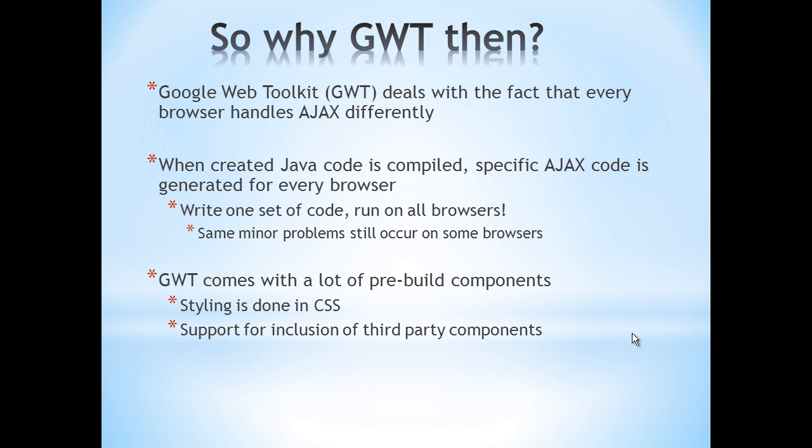So as I mentioned just now, Google Web Toolkit comes with a lot of pre-built components. The styling is done in CSS, meaning if I want to change the look and feel of my application, I have to use CSS, which is in line with normal HTML practices, and especially in line with HTML5. As I mentioned, I can use third-party components as well.